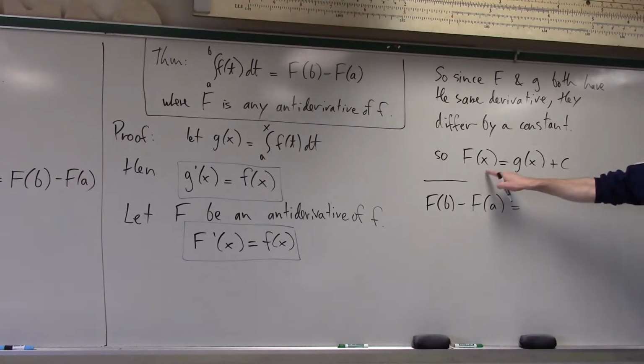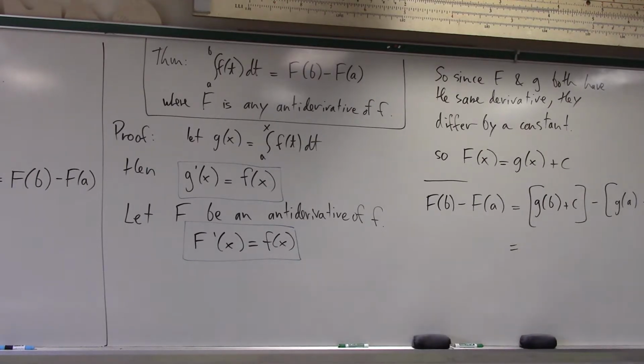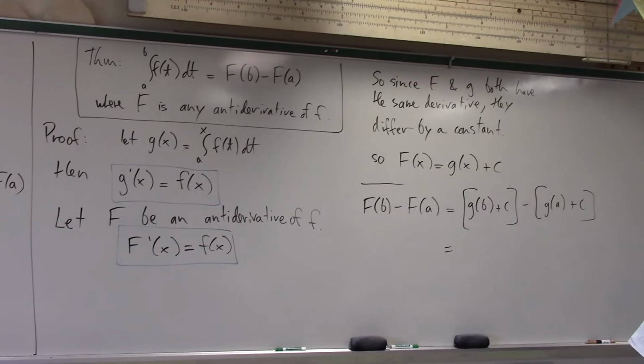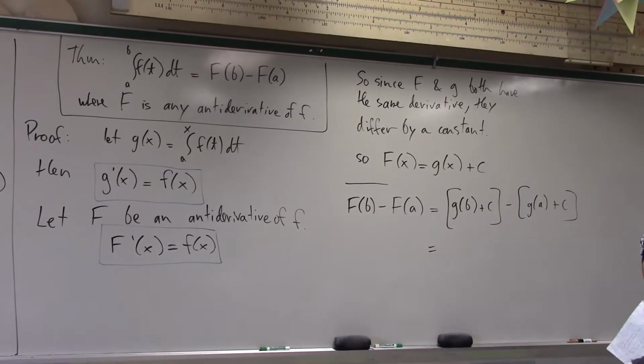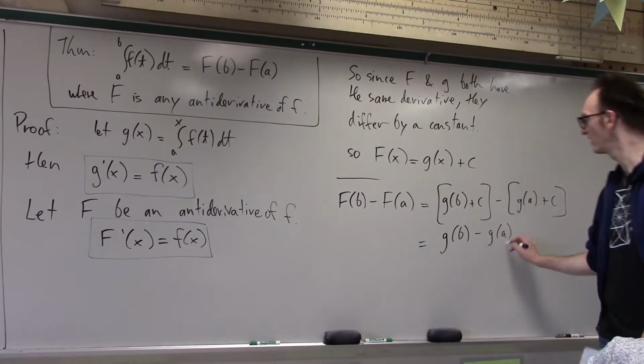Big F and g just differ by a constant. So this is just g of b plus c minus g of a plus c. But then the c's just cancel, right? Is the camera keeping up? It seems like it's not. You got it. And so this is just g of b minus g of a.